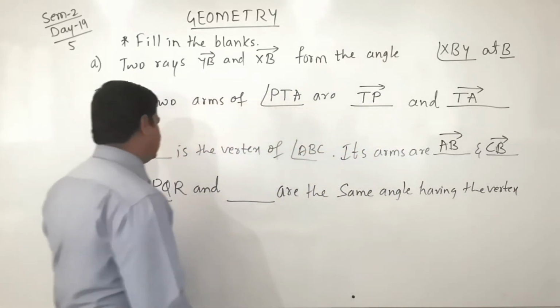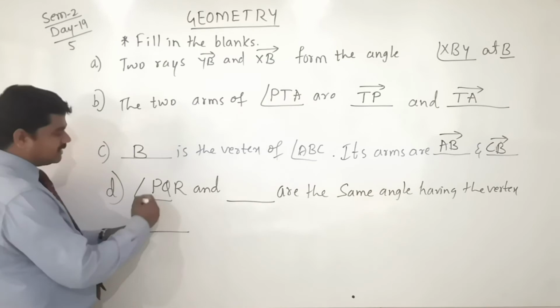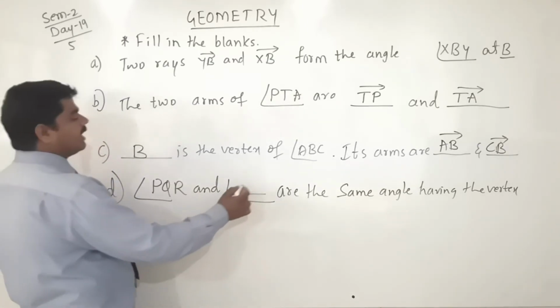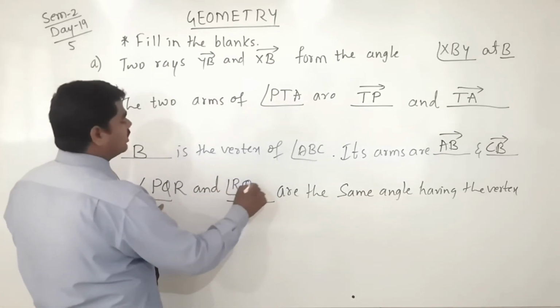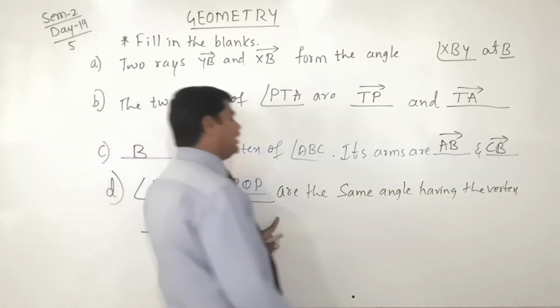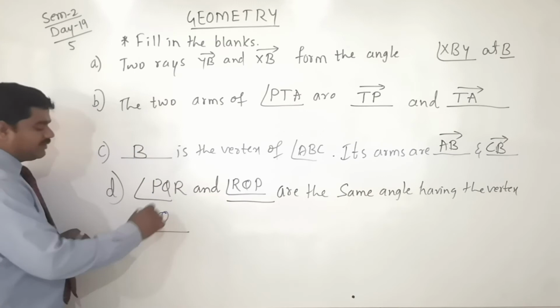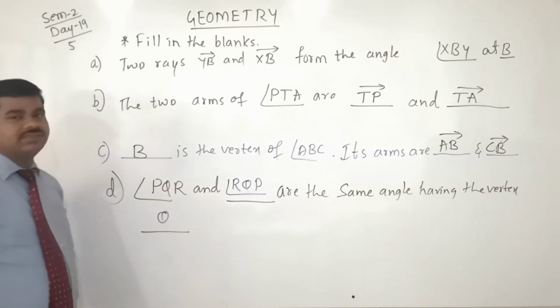You should write with the vertex PQR and interchange the first and last alphabets, keeping the middle one, Q. RQP, PQR and RQP are the same. Which is the vertex? The middle alphabet. Q is the vertex.